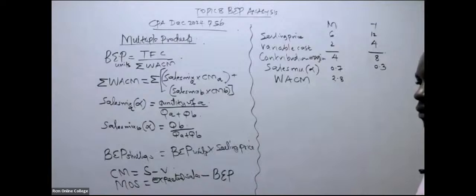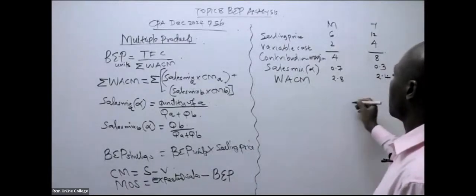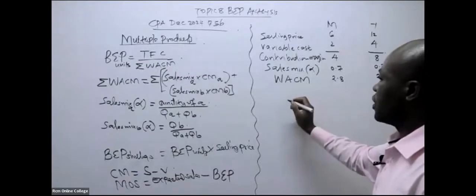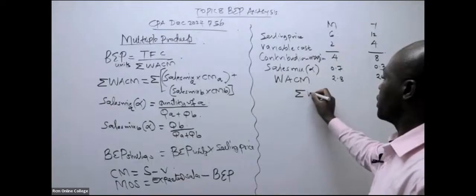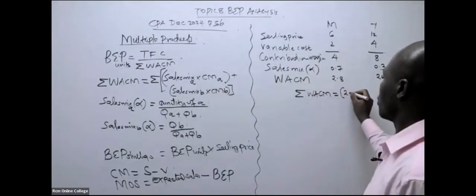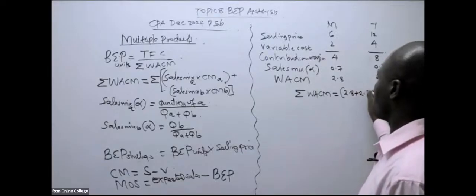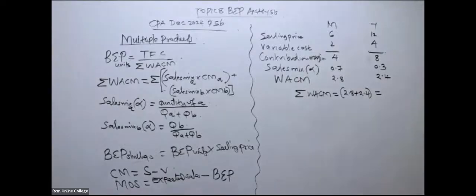Product Y? 2.4. Good. Can we now bring in the summation element? So summation of weighted average contribution margin will be equal to 2.8 plus 2.4. That is 5.2.